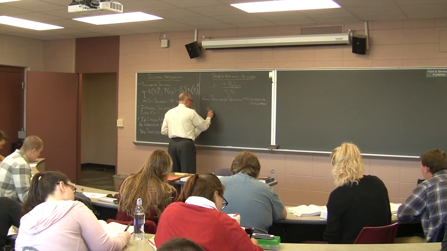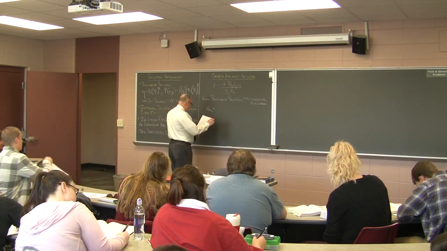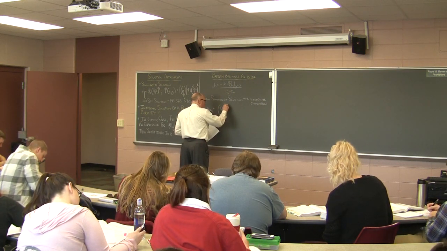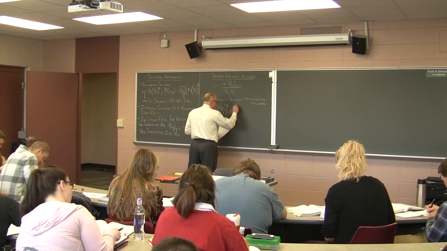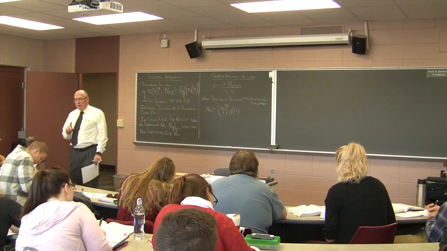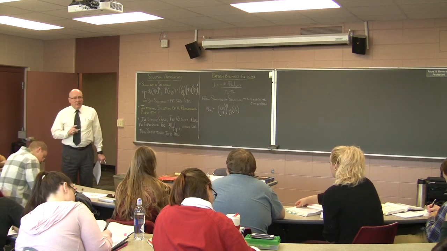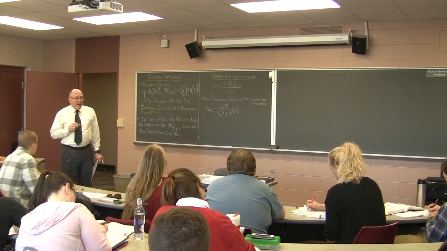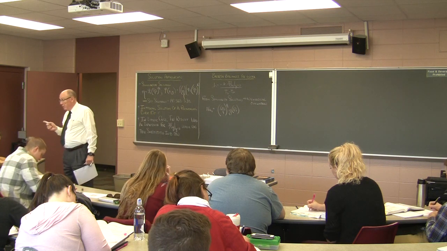Nusselt number as a function of x is equal to Grashof number x over 4 to the 1/4 times g times the Prandtl number. Now, caution for a moment, everyone needs to pinch themselves if they're not fully awake. You're going to get a free convection problem on your exam. And you're not going to use this equation, but you're going to use a variant of this equation, which we're going to talk about here in a moment.